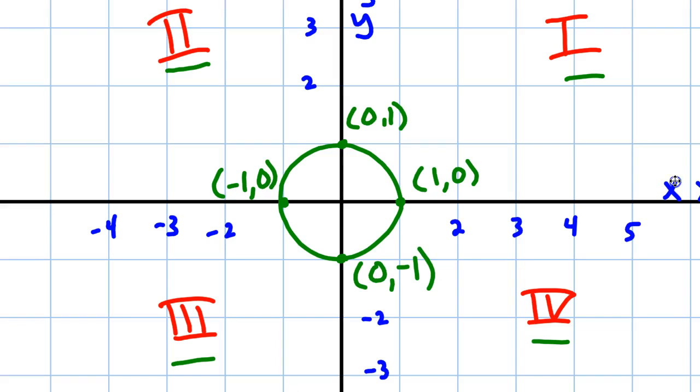And what you can do with this is, now that it's a circle, we've got 360 degrees. If you remember, a circle rotates 360 degrees, a radius 360 degrees around a center point.